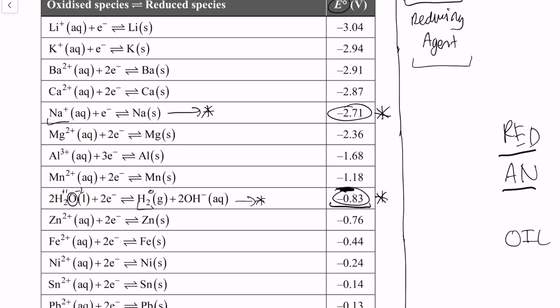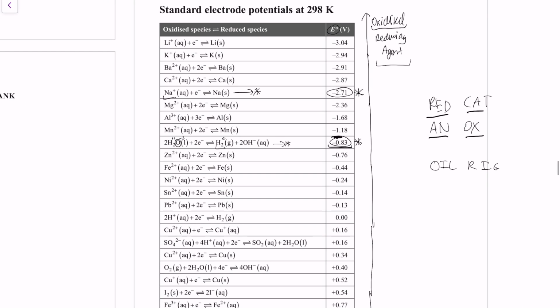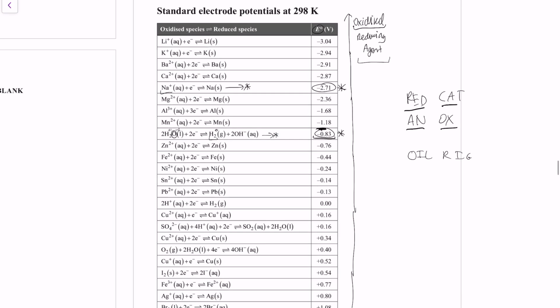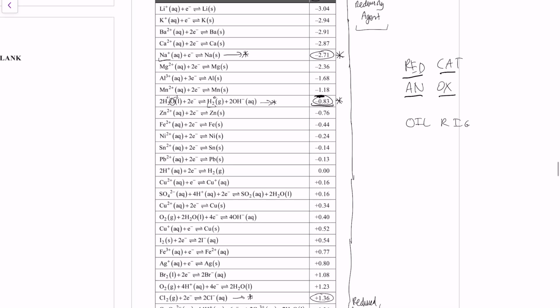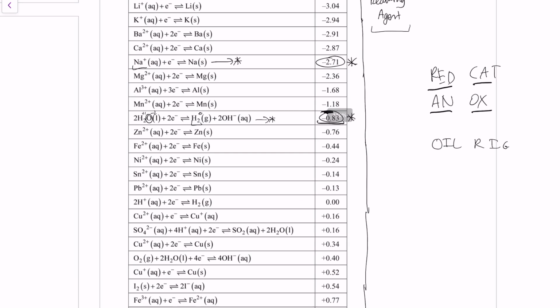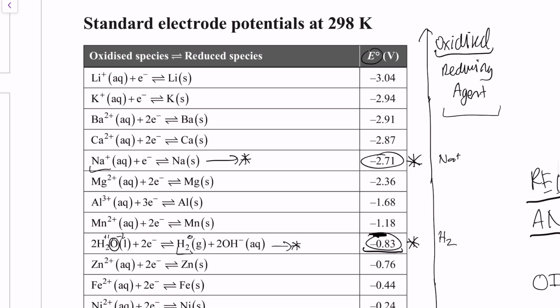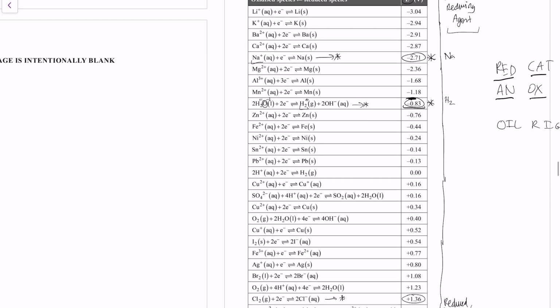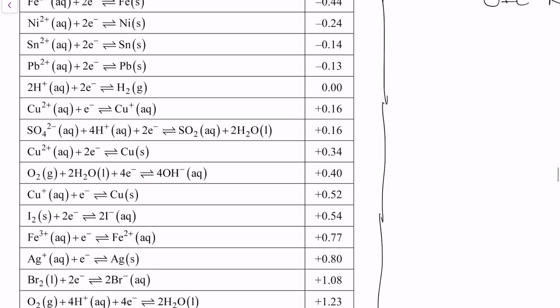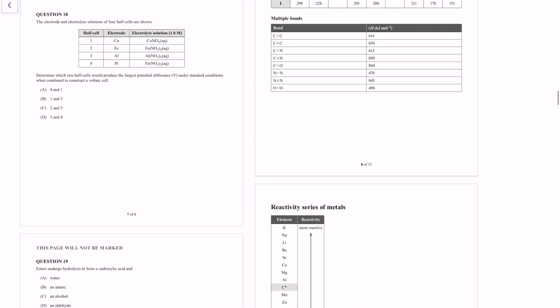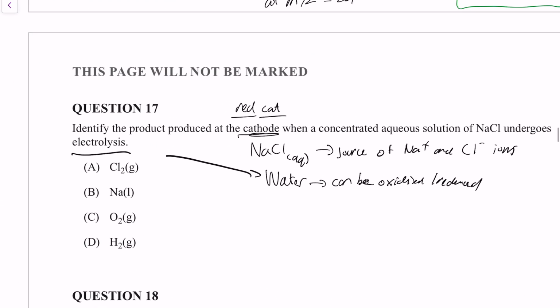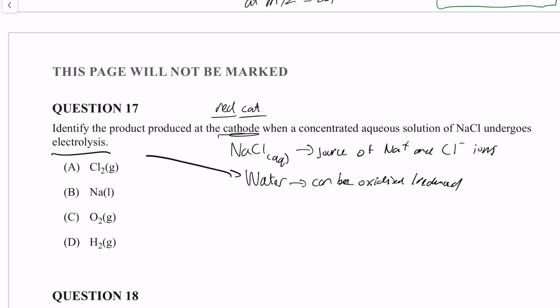Now we can see that on our line that we made at the start of the exam, the more we go to the bottom of the table, that's what gets reduced. So between Na, just Na, and H2, we know that H2 is lower on the table than Na, and therefore that is what gets reduced. Okay, so our answer is D.